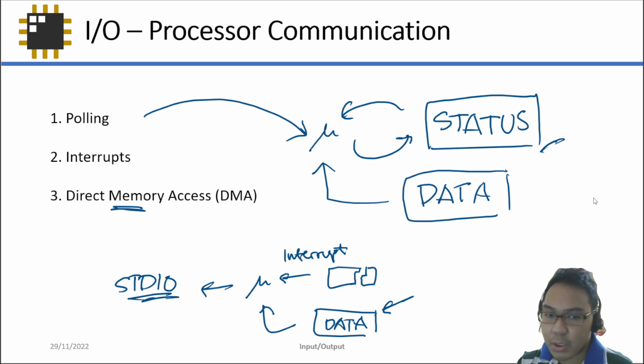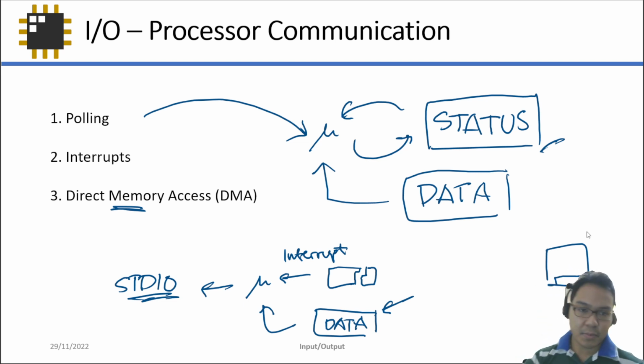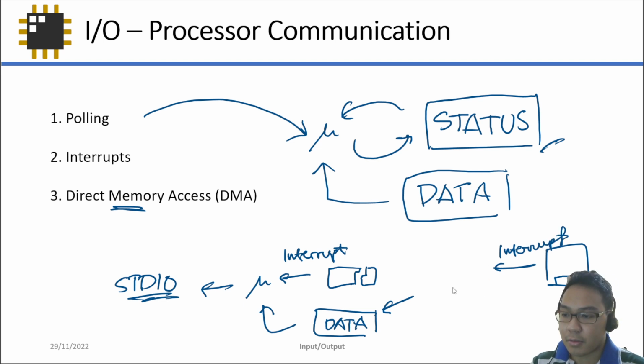And what happens there is that when, say, for example, you have an SD card like this, whenever it wants to send data, it's going to interrupt the processor, and then the processor takes data, right?